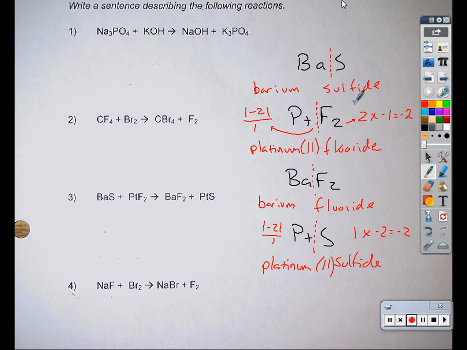BaS we now know is barium sulfide. Plus sign over here gets replaced with reacts with. PtF2 we now know is platinum(II) fluoride.